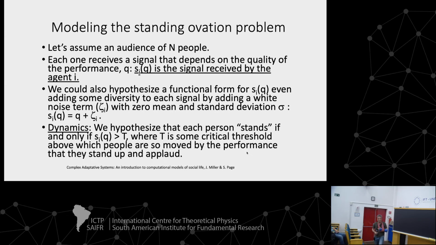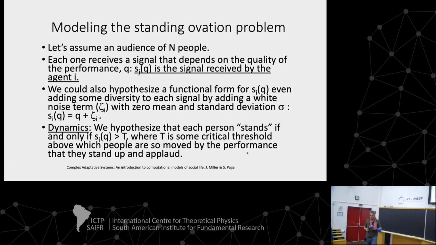So this is the signal received. We have a large number of units. We have heterogeneity here. And now we have to solve the dynamics. So we start with a simple hypothesis: each person has a threshold. Everybody has the same threshold. And when the signal is above this threshold, because I get emotional with that, I stand and applaud. Okay?